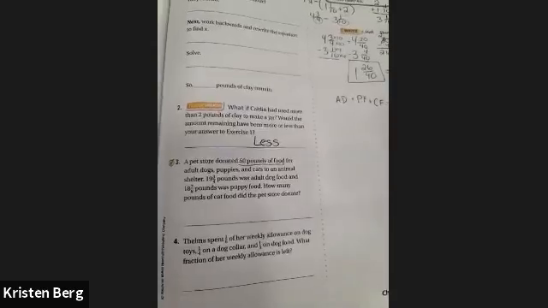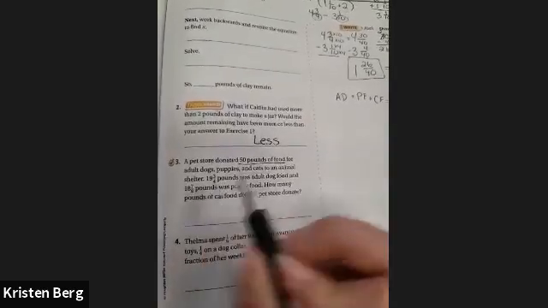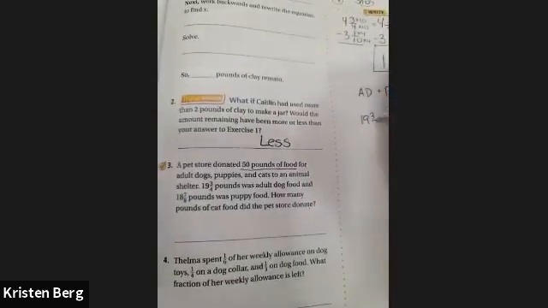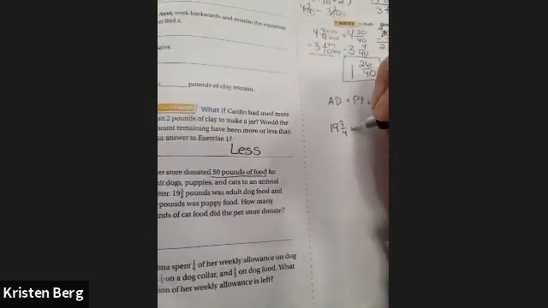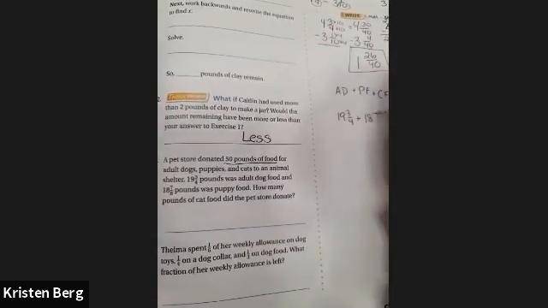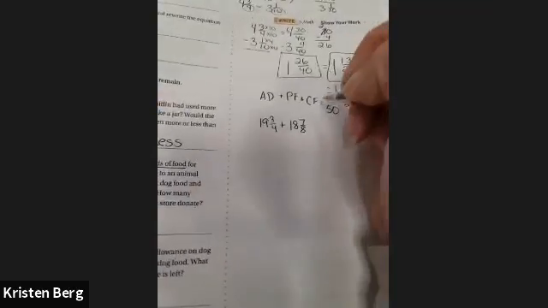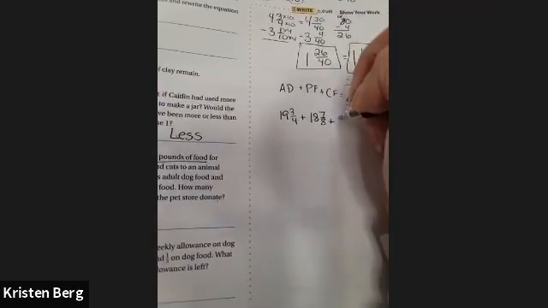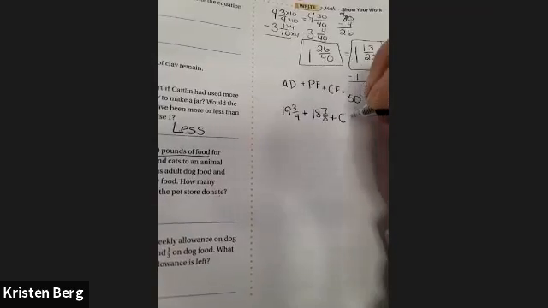That's truly what's happening here. So then they gave us some numbers. For the adult dog food, it was 19 3/4. And then the puppy food was 18 7/8 plus the cat food. I'm just going to say C for cat food because we don't know what it is, and it will equal 50 pounds.